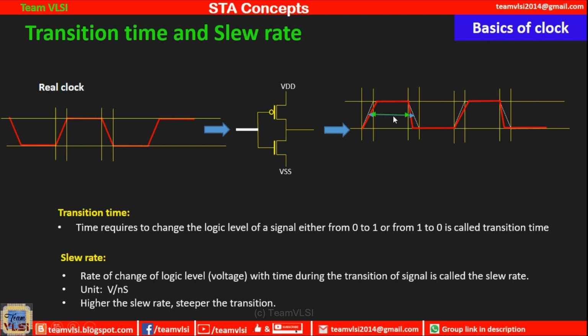So to maintain that, we must design these inverters or buffers properly, so that the transition time is maintained. And that's why in your clock tree we don't use normal inverters and buffers; we use clock inverters and buffers, which are specially designed to maintain the transition time.